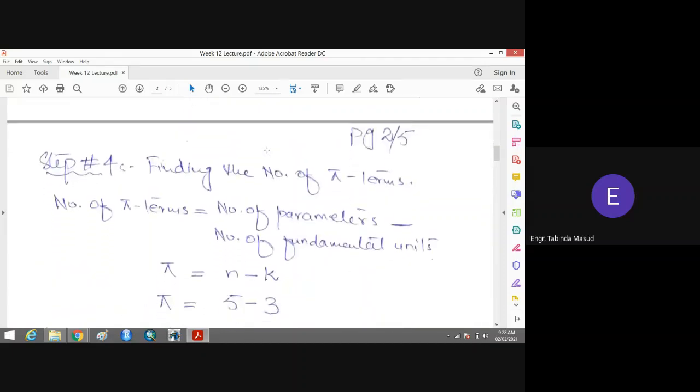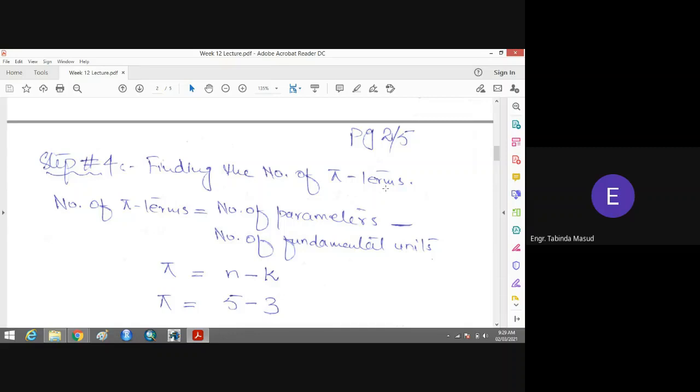So in the next step, you will find the number of the pi terms. What are the pi terms? This analysis is known as the Buckingham Pi theorem. I have already told you that in this analysis we will divide parameters into different groups or terms, and these groups are known as the pi groups or pi terms.